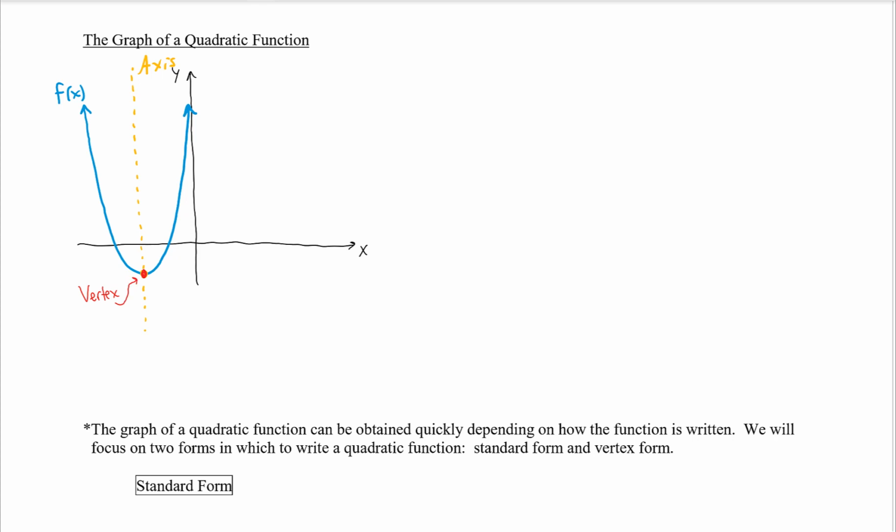The vertex is the point at which the graph changes from decreasing to increasing, or as we'll see, increase to decrease. So the point at which the function changes from increasing to decreasing or decreasing to increasing is what we're going to call the vertex.